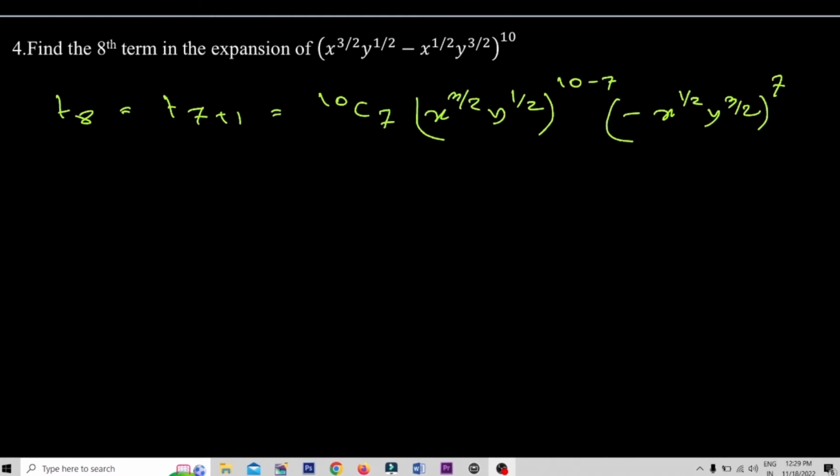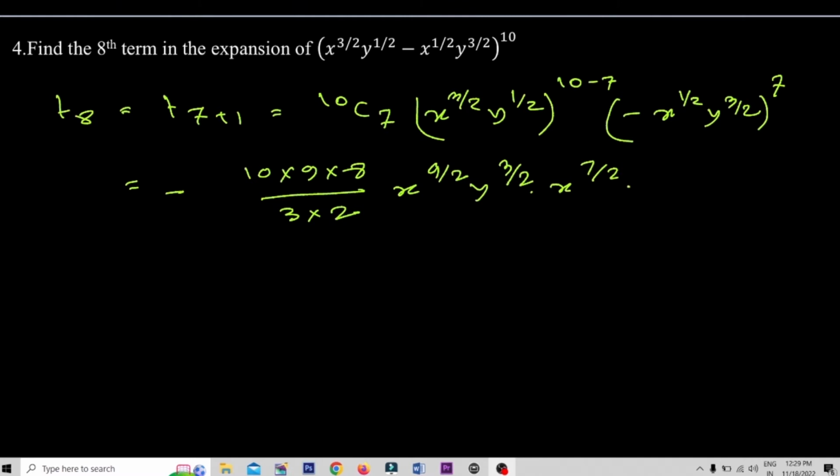So 1 minus is coming outside, minus 10 into 9 into 8 total divided by 3 into 2 and x to the power 9 by 2 y to the power 3 by 2 x to the power 7 by 2 into y to the power, this is coming 21 by 2. So if we calculate, minus 120, if we apply the indices, we are getting x to the power 8 y to the power 12. Next sum.